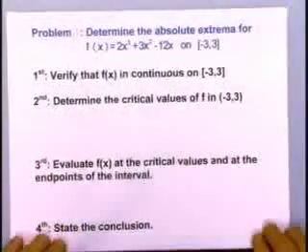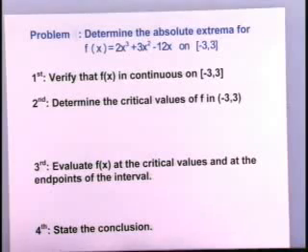Determine the absolute extrema of the function f of x is equal to 2x to the third plus 3x squared minus 12x on the closed interval from -3 to 3. The process in determining absolute extrema involves 4 steps. First, you need to verify that the function is continuous on the closed interval.